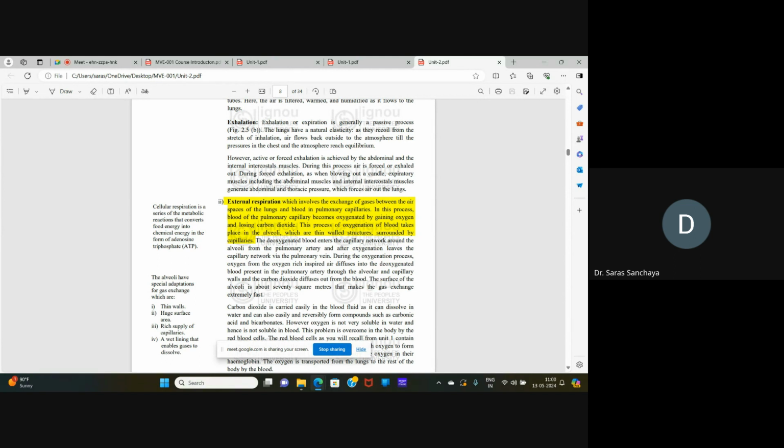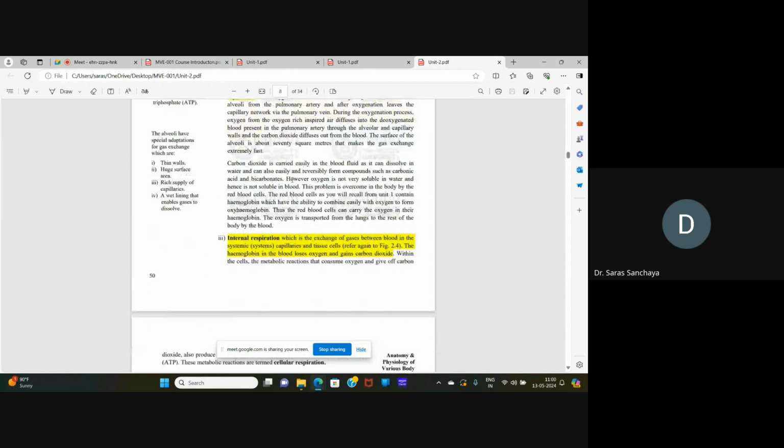So, carbon dioxide from the capillaries enters the alveoli and is further respired out through the nostrils, and oxygen enters from the alveoli to the capillaries in the form of oxygenated blood.